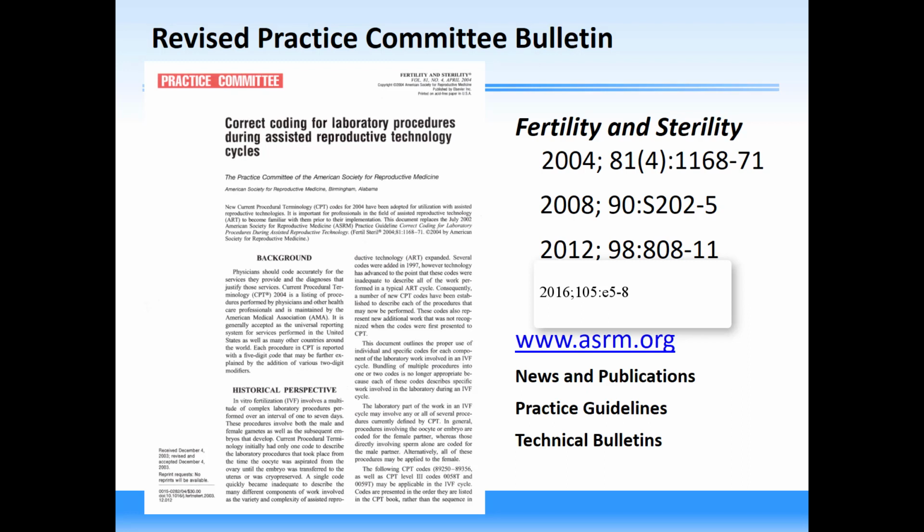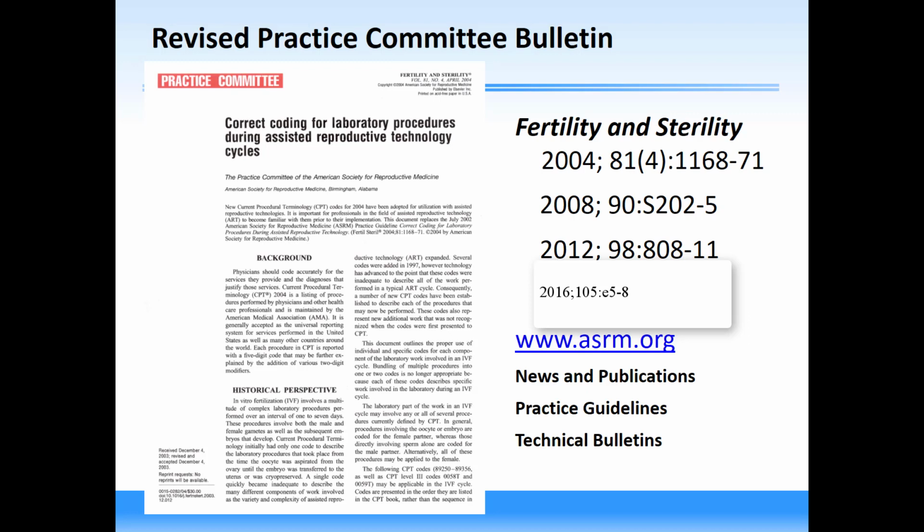This has been published in Fertility and Sterility. It's on the ACOG website under the practice guidelines as well as on the coding section. But you would refer to this document and once again probably put a photocopy of this document and highlight the specific nomenclature that supports your case if you encounter inappropriate bundling of laboratory services.